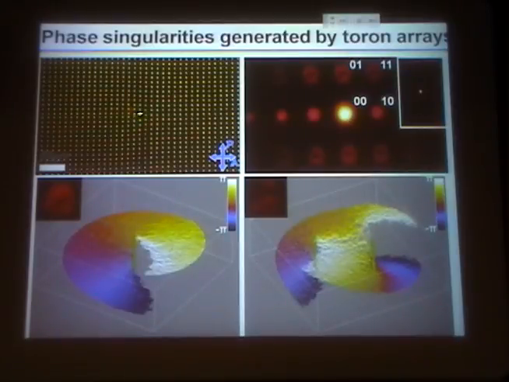And here you can see a dislocation that we deliberately introduced into a periodic lattice of Torons. So now we have Torons which are themselves formed by defects, right? You remember there are point defects in each of those little Torons, 2 of them at the opposite glass plates of the liquid crystal cell. And then we also introduced a defect in the periodic lattice that we generated. So we have hierarchical structures of defects here.